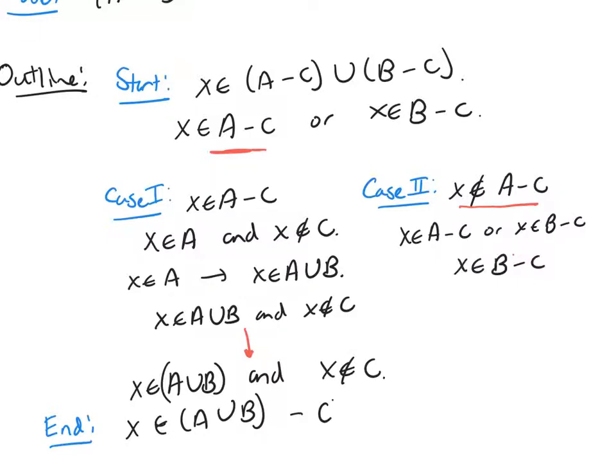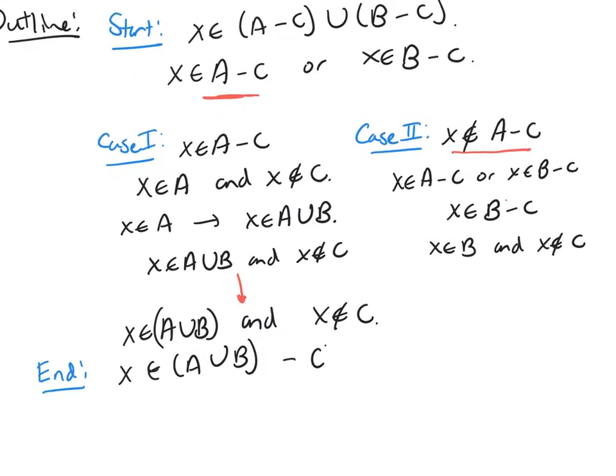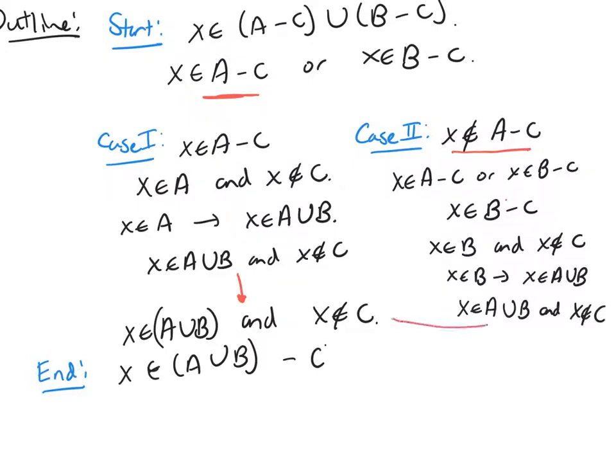It's in B minus C, which tells me that X is in B and X is not in C. But if X is in B, then I know that X is in A union B. So what do I have here? X is in A union B and X is not in C. And again, that is what I needed to get to over here to get to my end.